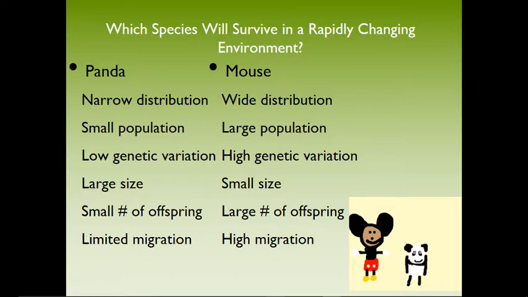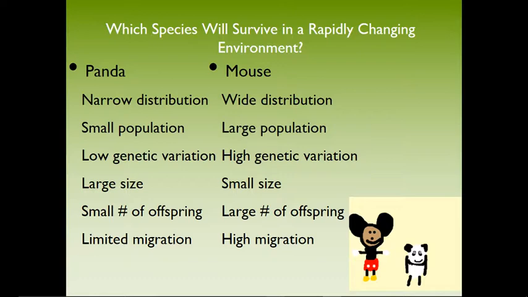Taking a look at these two species, which species do you think will survive in a rapidly changing environment? I'll give you a few seconds to read over them and think about it. If you guessed the mouse, you'd be correct.